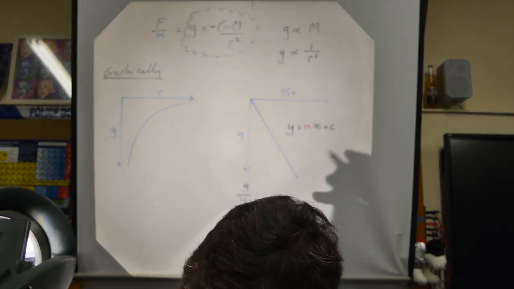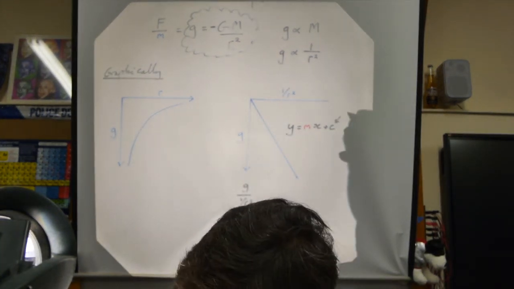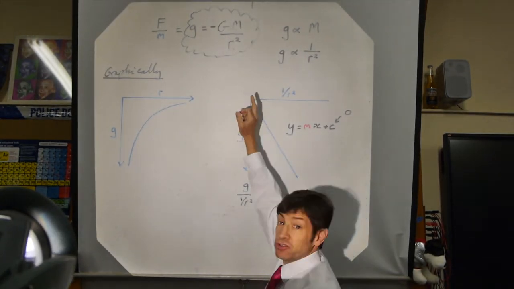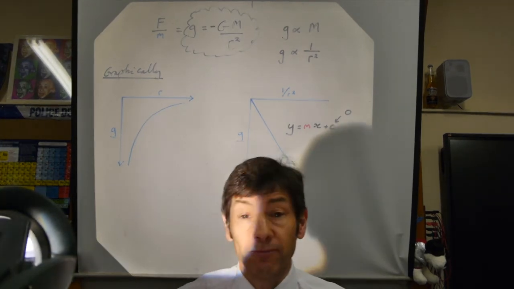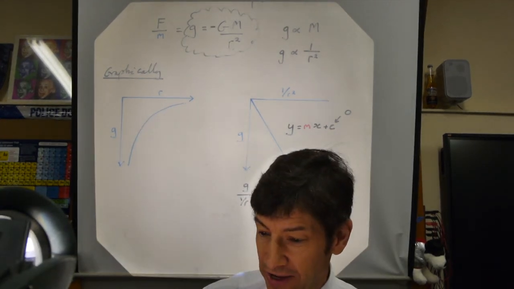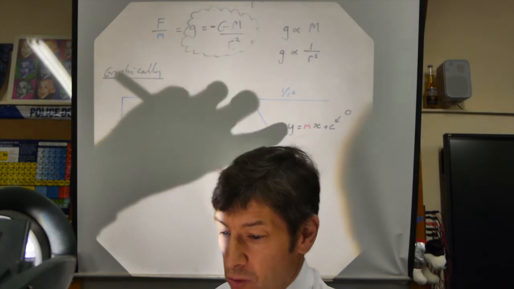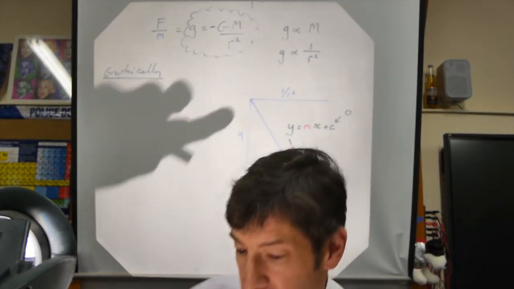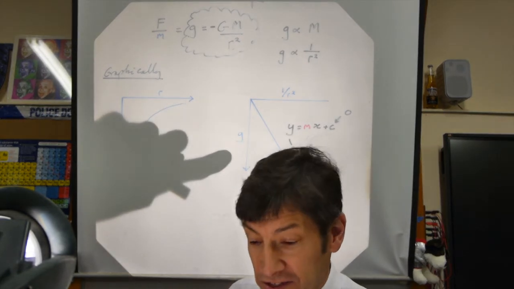We know that c must be 0 because it goes through 0,0, so it doesn't cross the y-axis at any other value, and that y here is g. This is the y-axis.